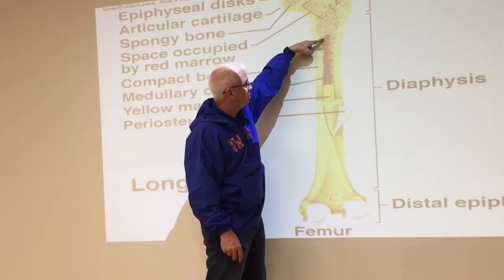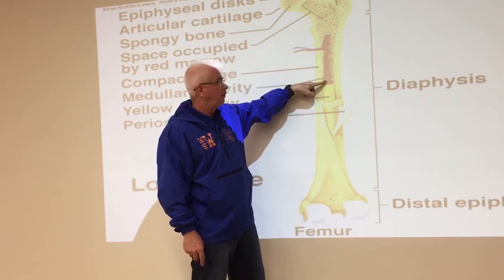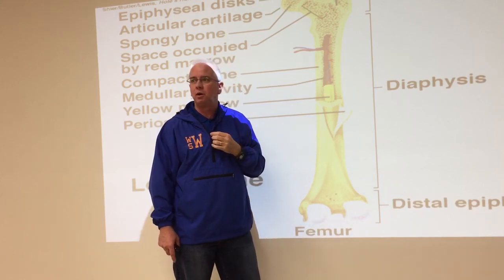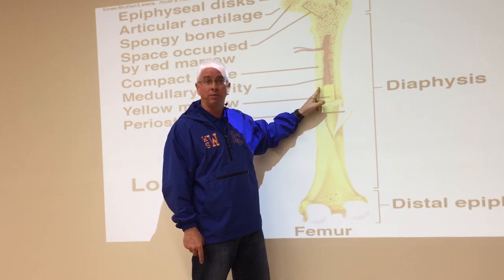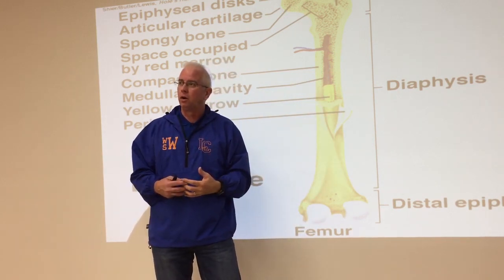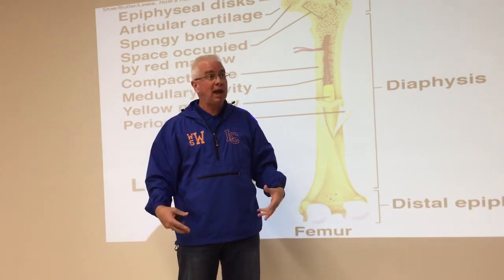Now you can see that the spongy bone continues down into the medullary cavity. And so the diaphysis, the shaft of the bone, does contain some spongy bone. But most of the mass of the diaphysis is compact bone. So where is the strength in a long bone? In the shaft. The real strength of the bone is in the shaft.